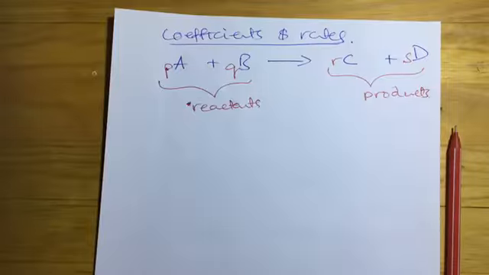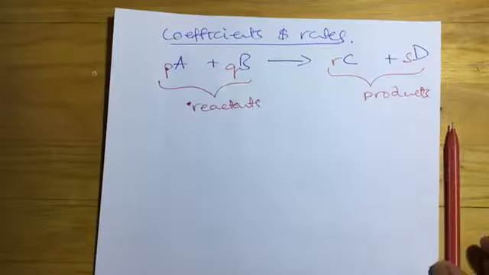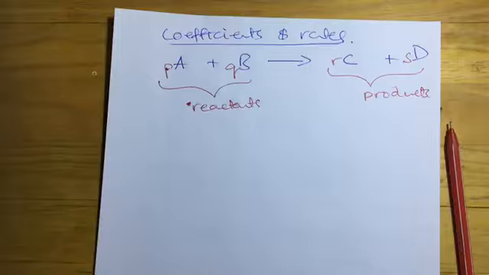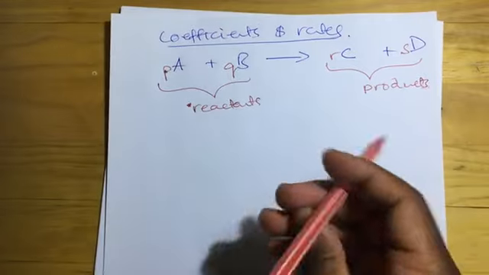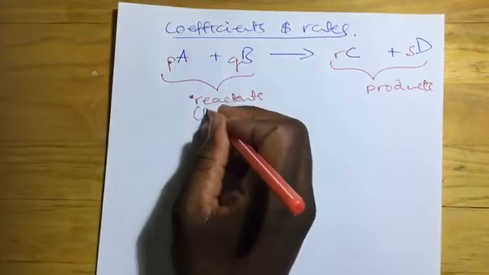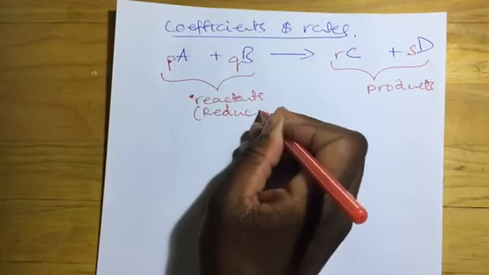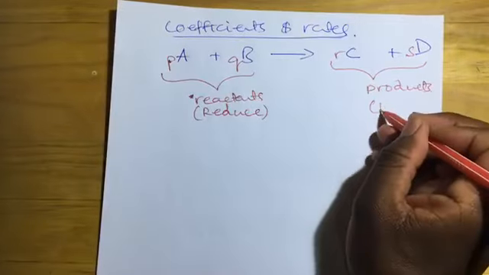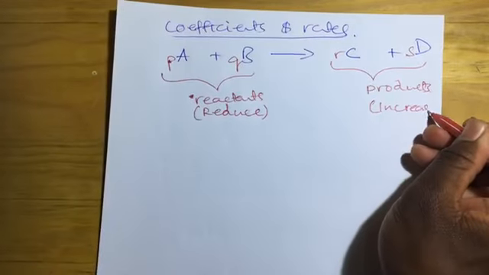Just to make sure we are all on the same page. Okay, so reactants will be reducing. If 2 more say the same thing, then we know people are following. Excellent. So reactants will reduce, but products will increase.